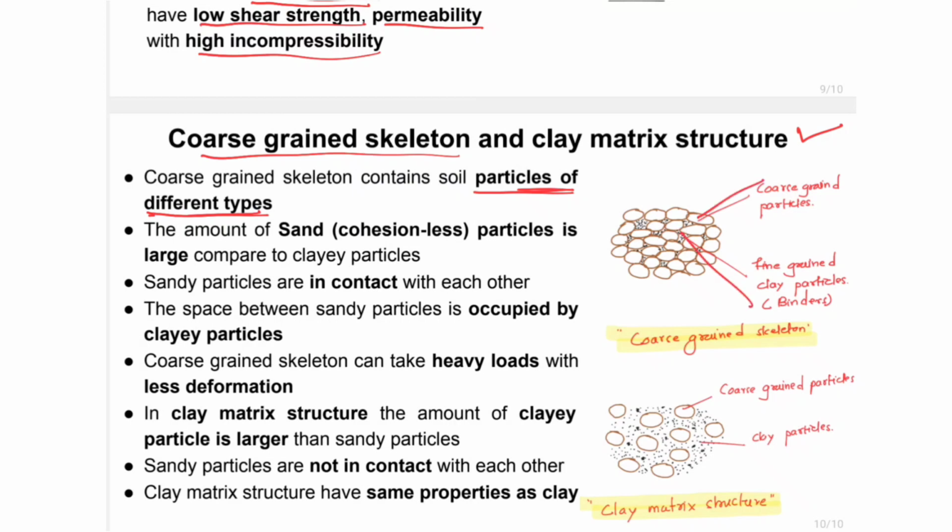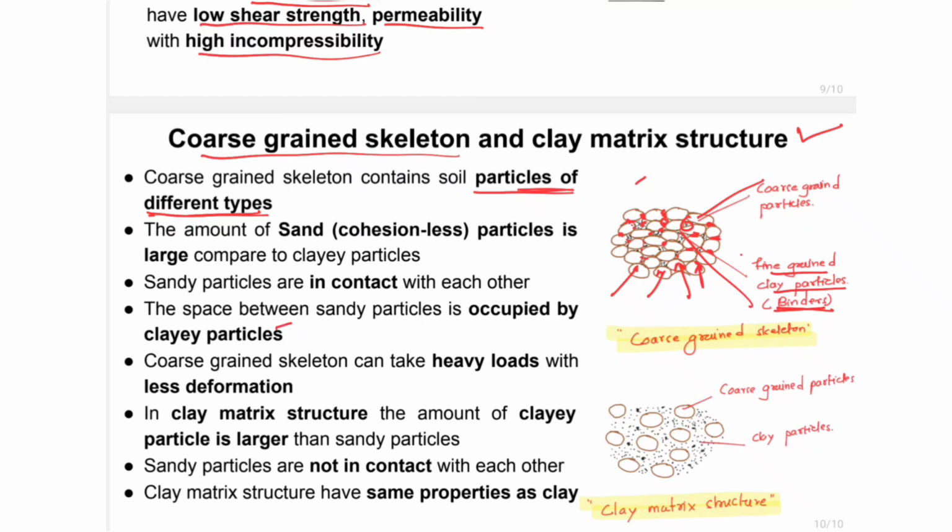In this soil, the amount of sandy particles, which are coarse grained particles, is higher than the clay particles, and these sandy particles are in contact with each other. Therefore, as they are connected, sufficient load transfer occurs in this coarse grained skeleton, which is also supposed to bear the higher load from all over the soil structure. And the space between these sandy particles is occupied by the clay particles.